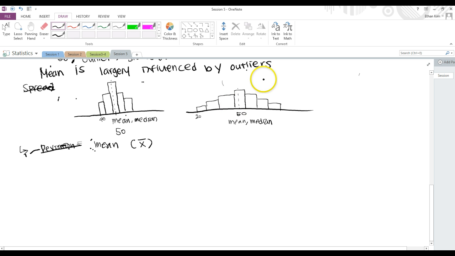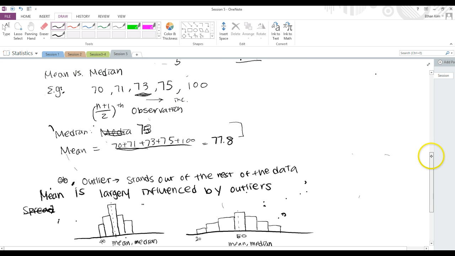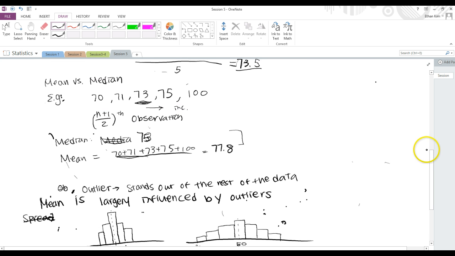I think I should talk about this as well before we move on with this topic. Let me go up a little, because I forgot to mention this above. For the mean, we have the population mean.